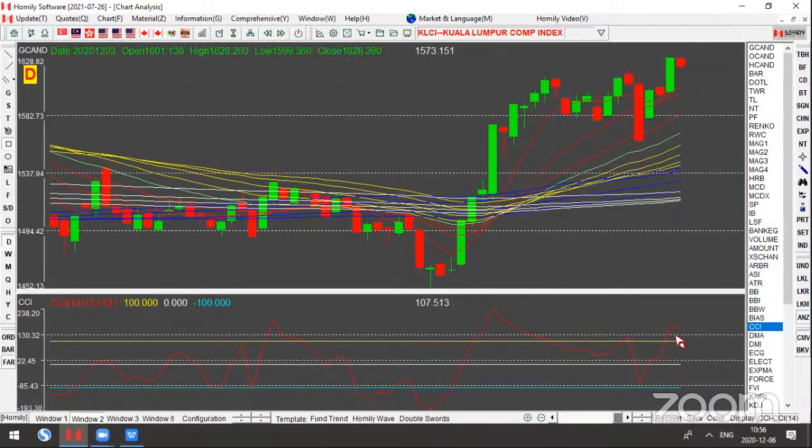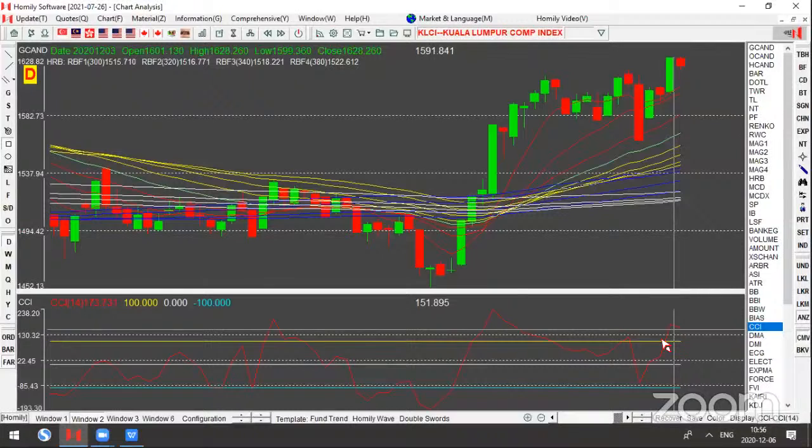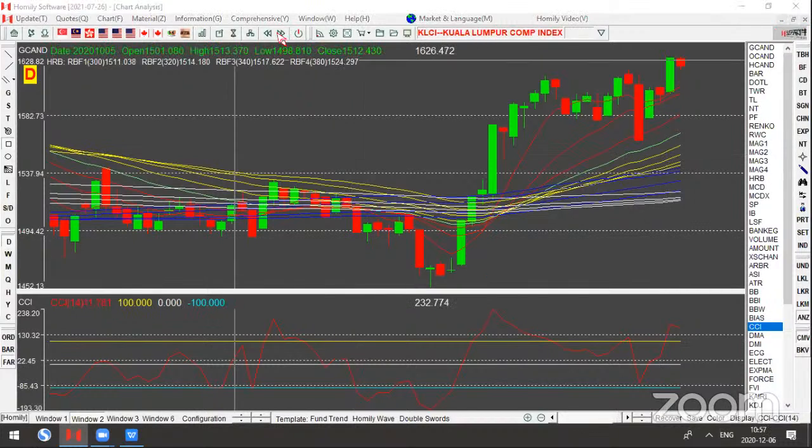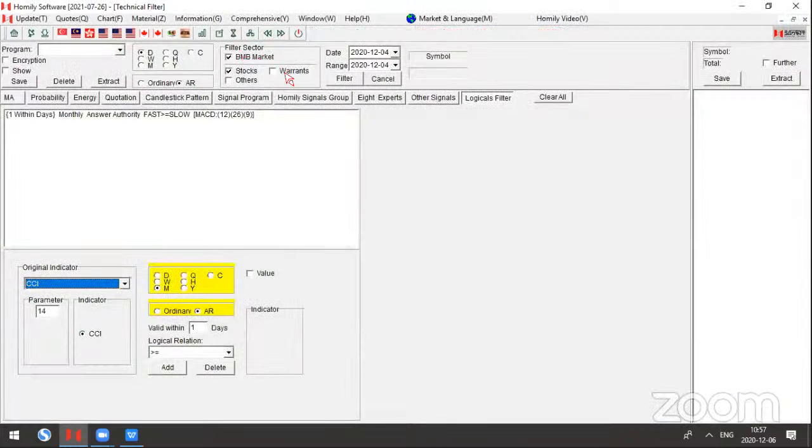Or in the overbought area. Then we can just set the CCI below the yellow line, which means it is still in the safe area, right? Yeah, that's the condition.